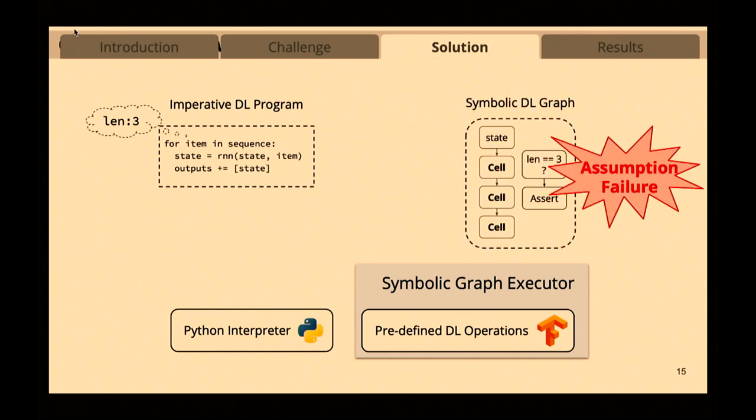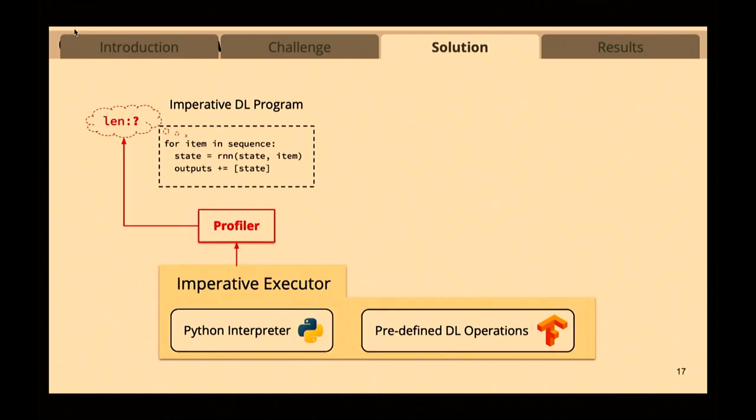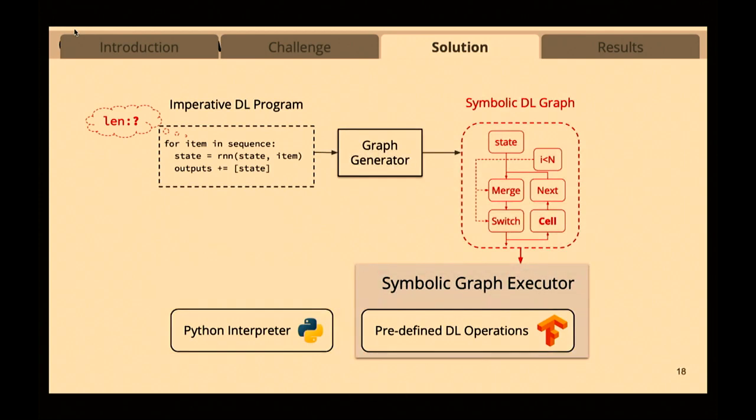However, due to the dynamic nature of Python, sometimes it is unavoidable that some of the assumptions become outdated, so we must validate our assumptions. Janus checks every assumption, and if an assumption is broken, the system aborts the graph execution and falls back to the imperative executor and starts profiling again to generate another graph based on the updated context information.